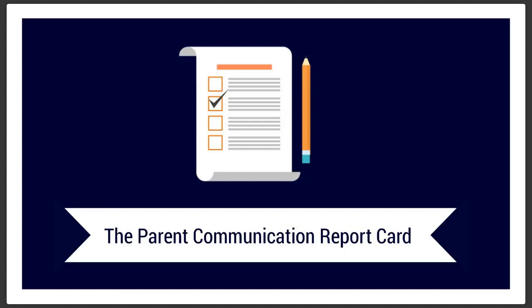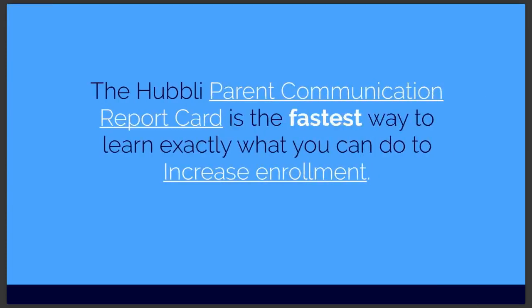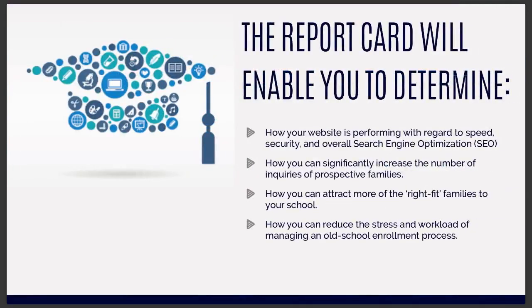So the Hubley Parent Communication Report Card is the fastest way to learn exactly what you can do to increase enrollment at your school. The report card is going to enable you to determine how your website's performing with regard to speed and security and search engine optimization.